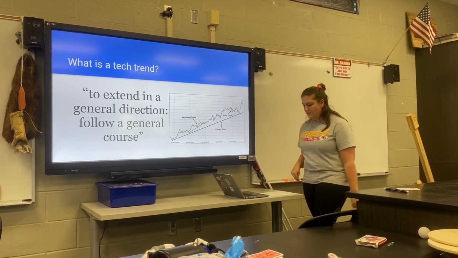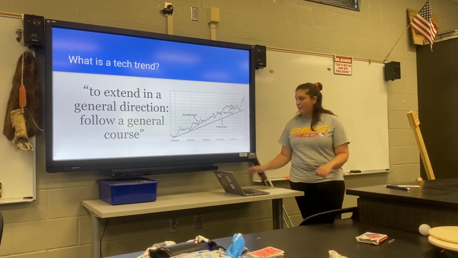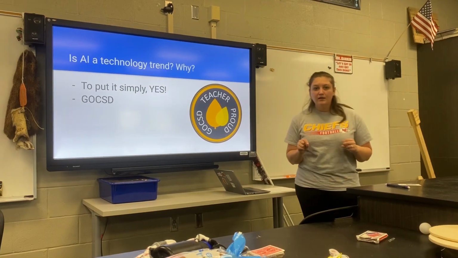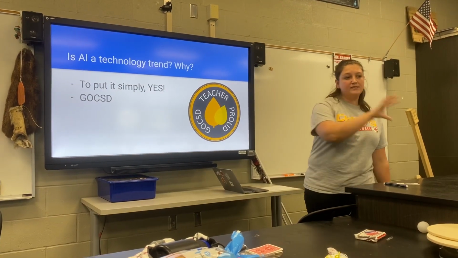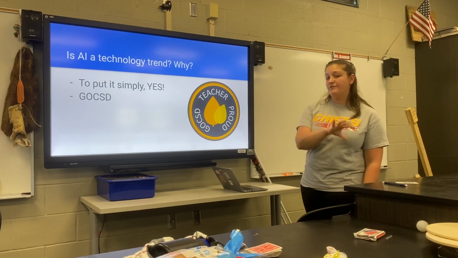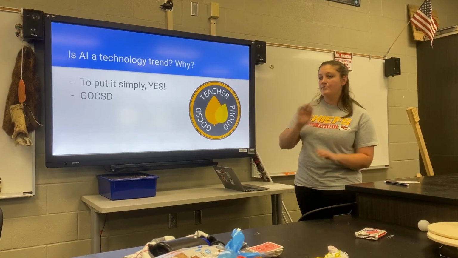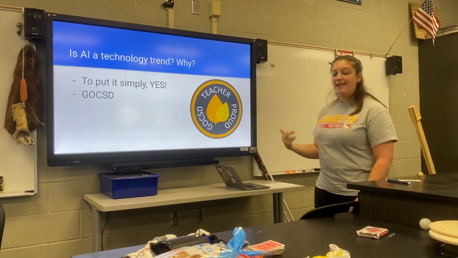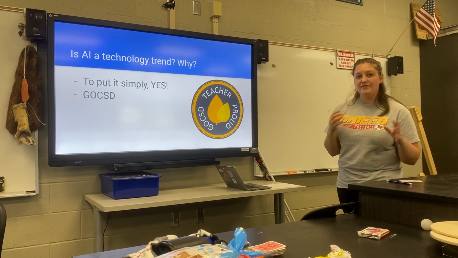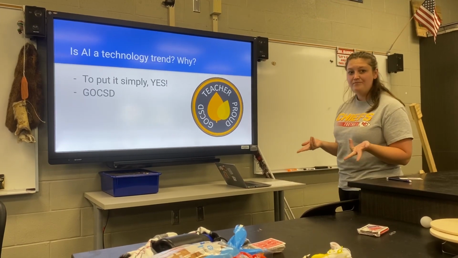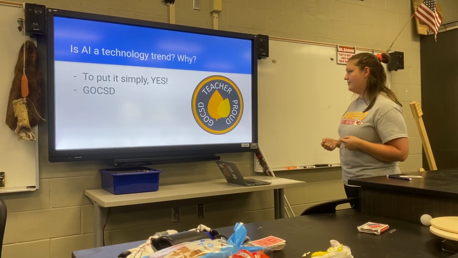A technology trend is the same idea, something that's coming and following that general direction. In this case, we're going to be evaluating whether this trend is a positive or negative one, or both kind of, and talk about it.